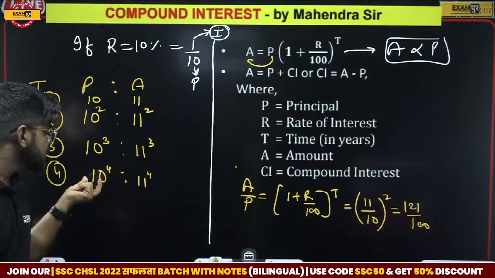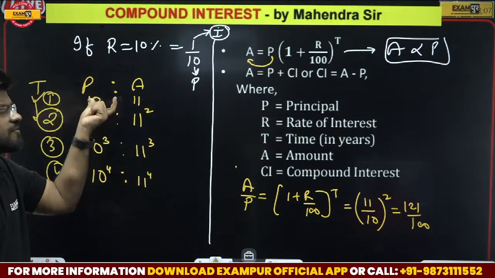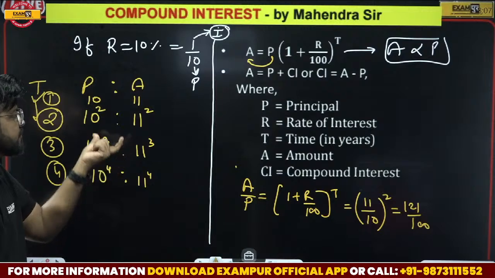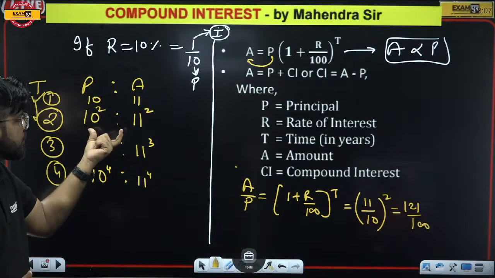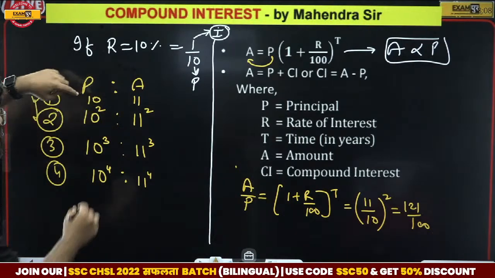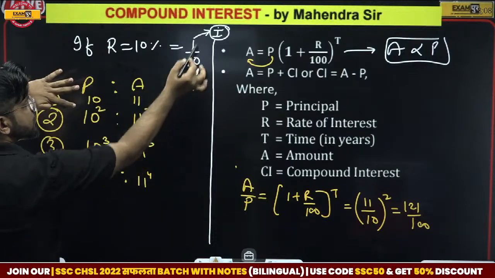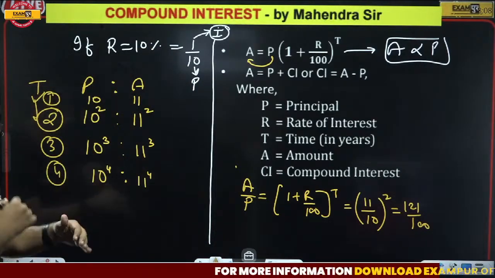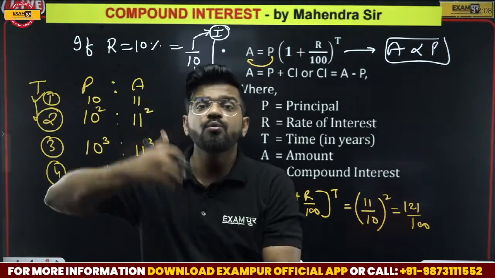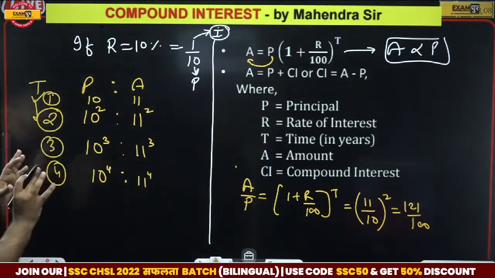To come from 10 to the power 4 and 11 to the power 4, we just have to take the fourth root. From here we have to do the cube root. From here we have to do the square root, to reach here. After reaching here, just compare the one increment on 10, so it will be 10%. This is how we go backward. I hope you have understood that.